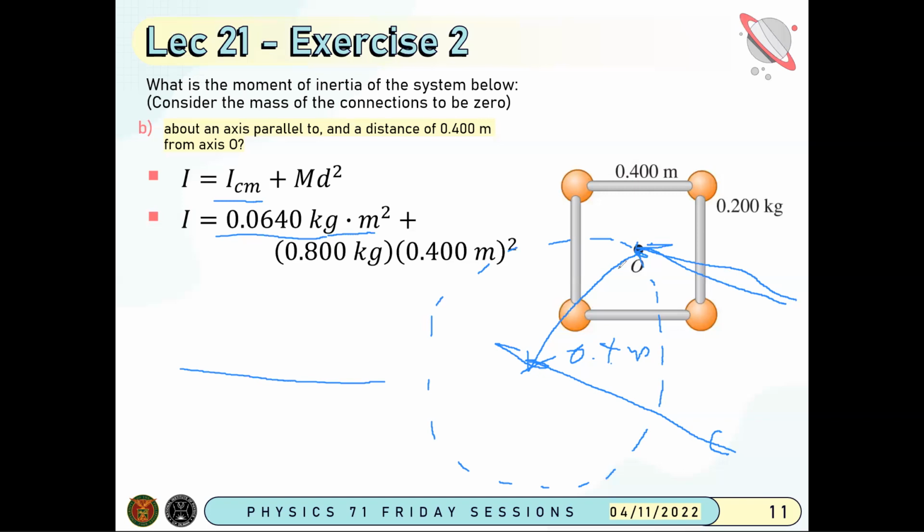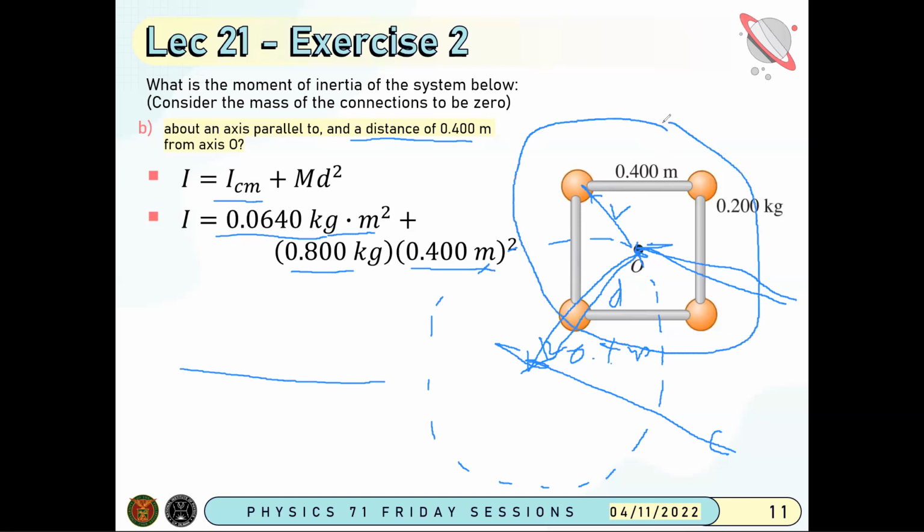So again, d is the distance from the center of mass, right? So the distance is 0.4 meters. So that's our d, which was the earlier r. So that's your d. How about the m? The m is the total mass of the whole system that is offset. Okay? So that will be 0.2 times 4 particles, so you have 0.8 kilograms.